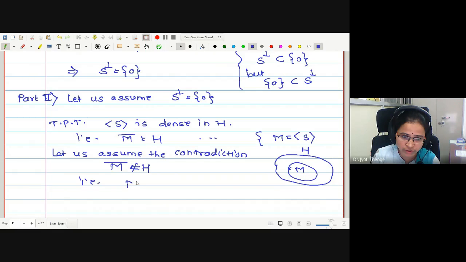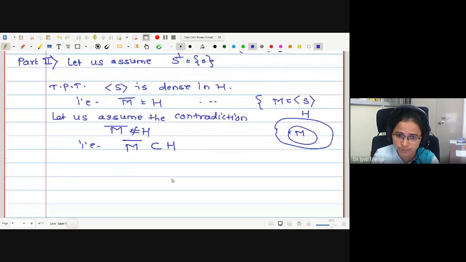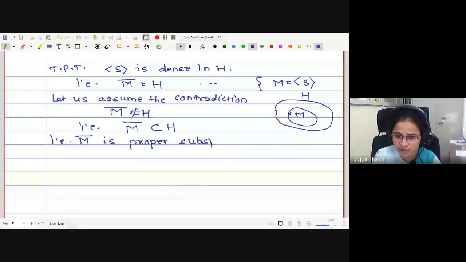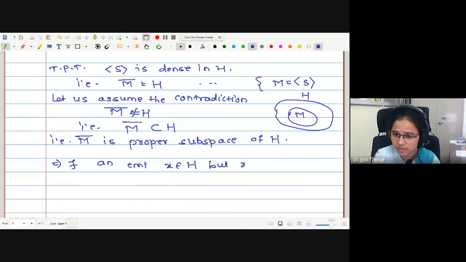M bar is not equal to H. That is, M bar is a proper subspace of H. If it is a proper subspace, may I say there exists an element x in H but not in M bar. Let me call this statement number 5.